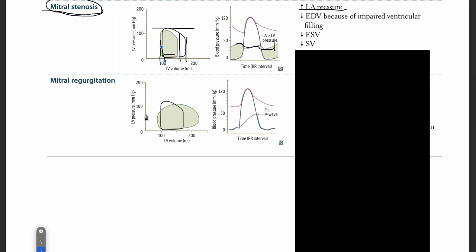Mitral regurgitation. Okay, so in mitral regurgitation you have an increase in preload, so your diastolic volume increased. Decrease in afterload, so this decrease and systolic volume decreased.